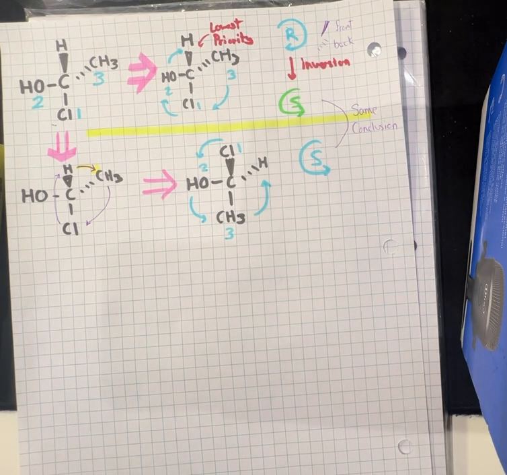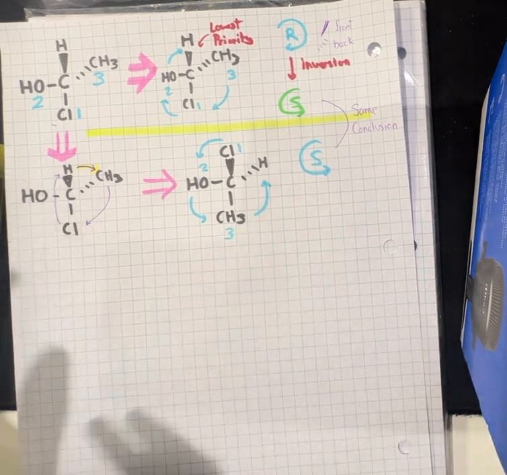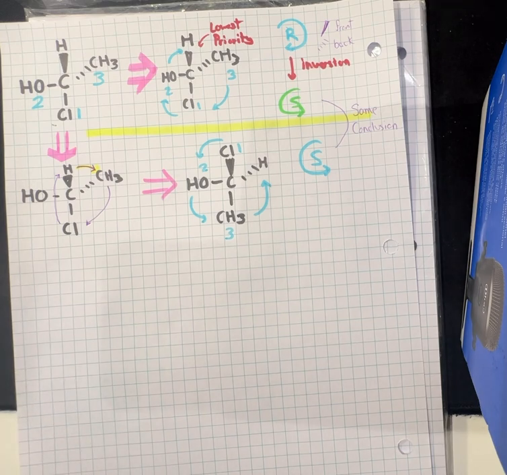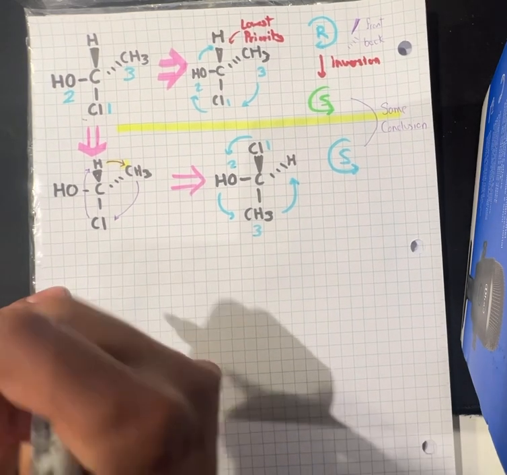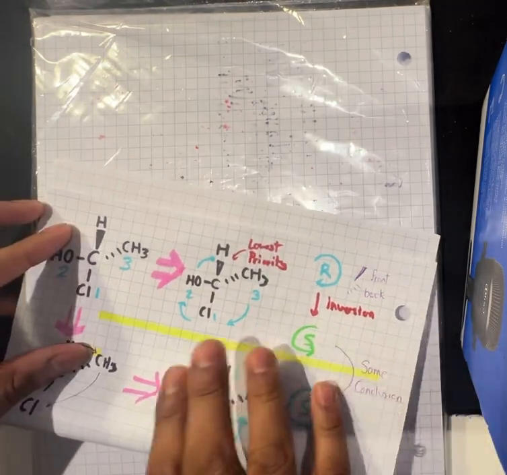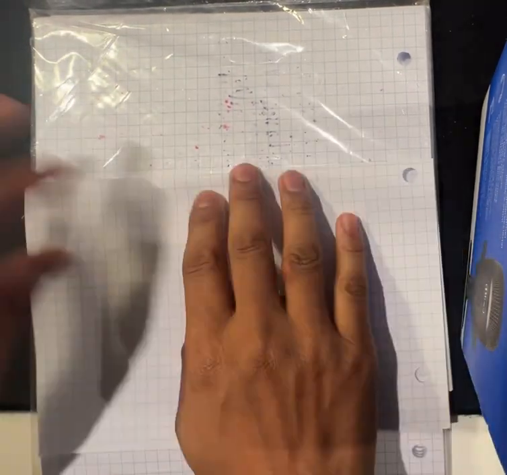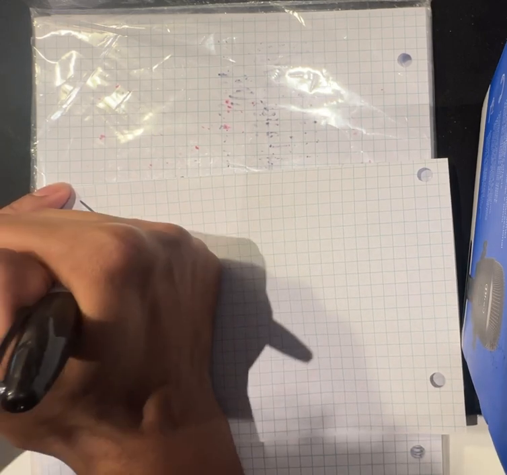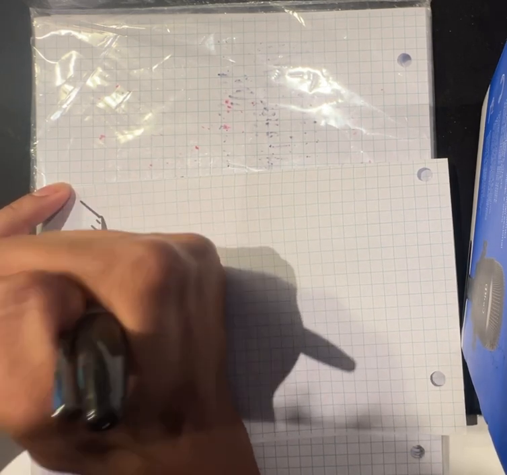Okay. Now, what happens? We don't really use the rotation unless we actually need to. So a case where we might need to is if we had a molecule like this.